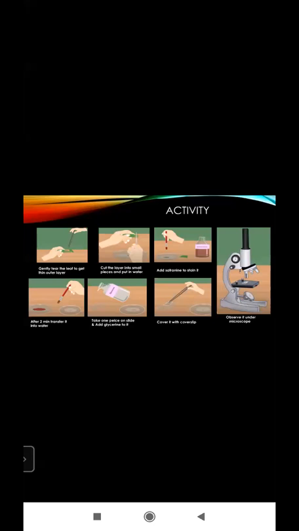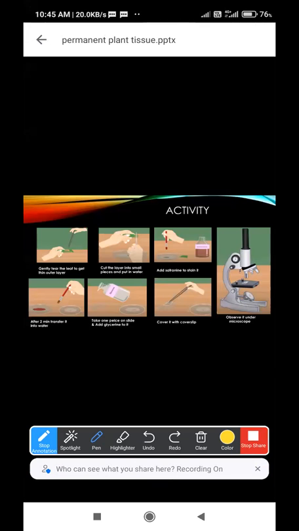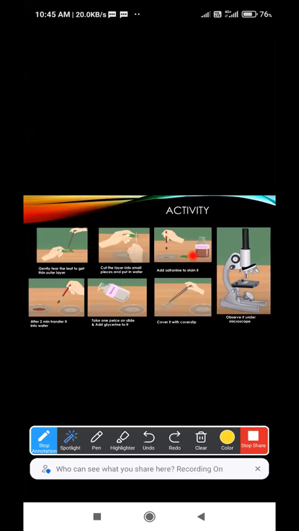After cleaning it with water, we have to take it into a stain. This stain is known as safranin stain, so that the tissue gets the color. You have to keep it in the safranin stain for 2 minutes.